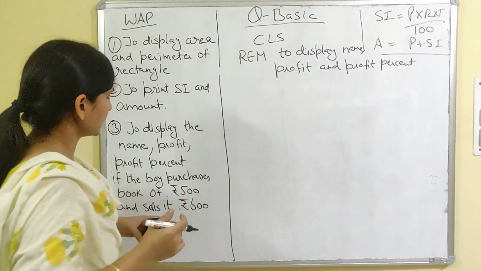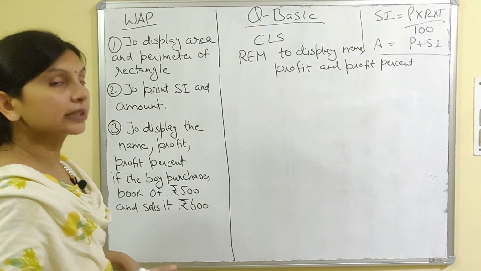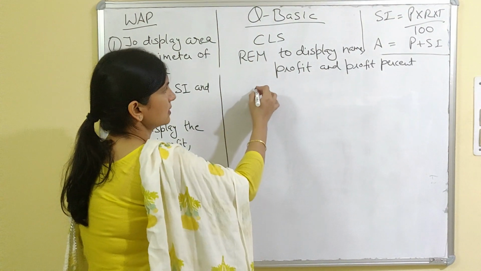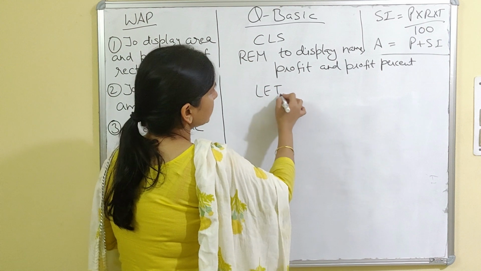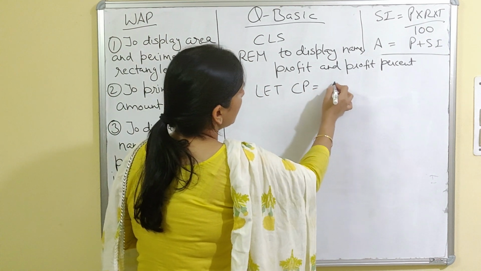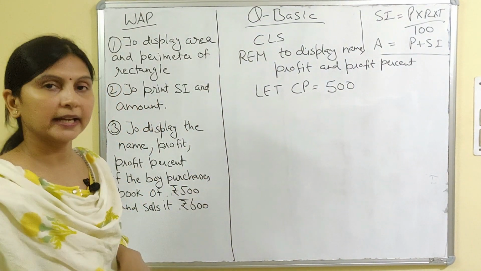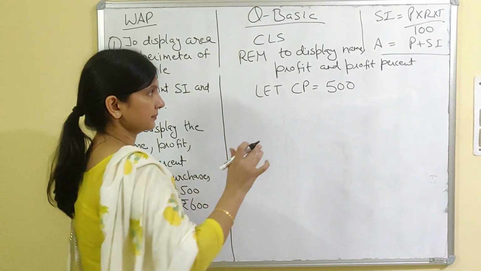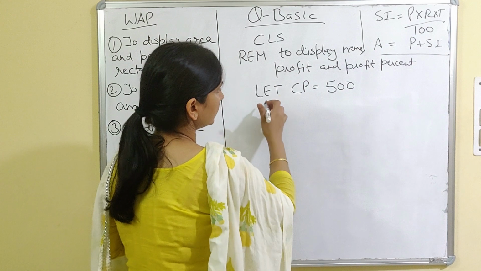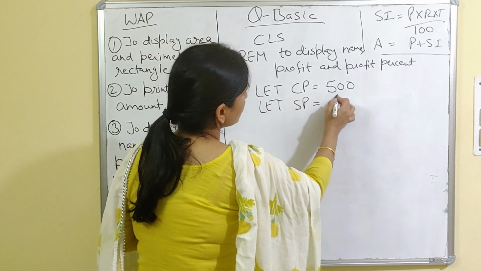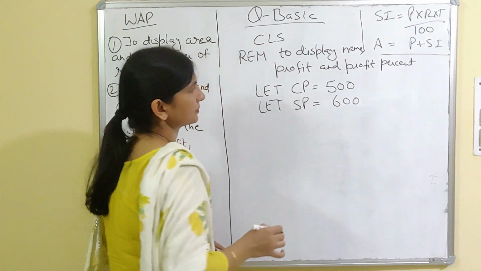Okay, first CP is given, cost price of the book, and the selling price is also given. So let us assign, let CP equals to how much? 500. It's already given, and we will not write rupee. Always remember, we write without units. Let SP equals to 600.